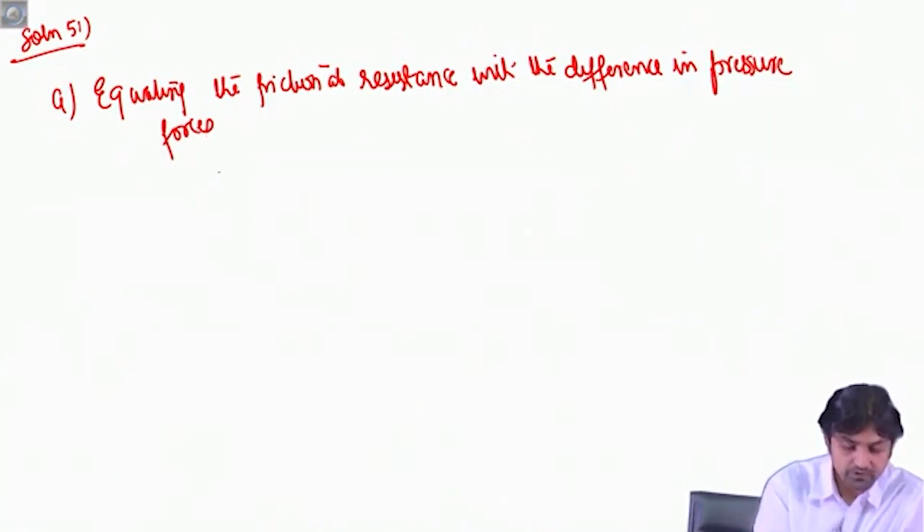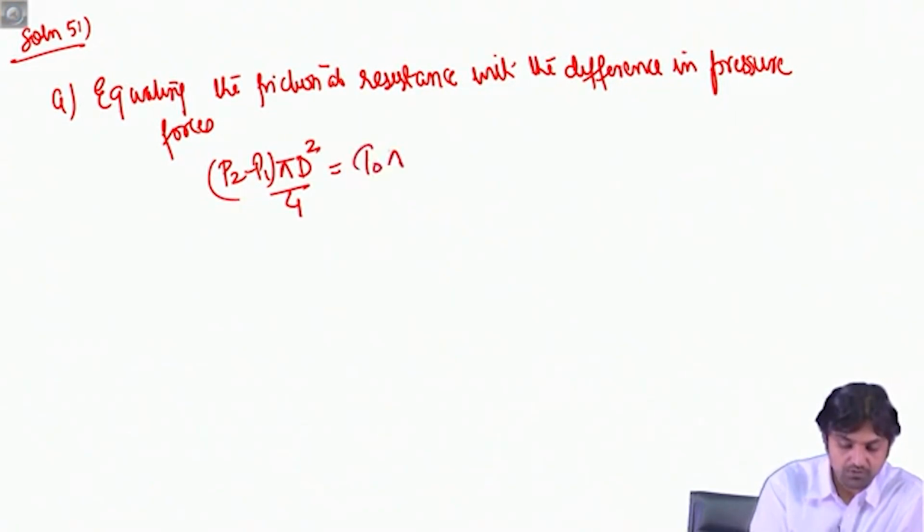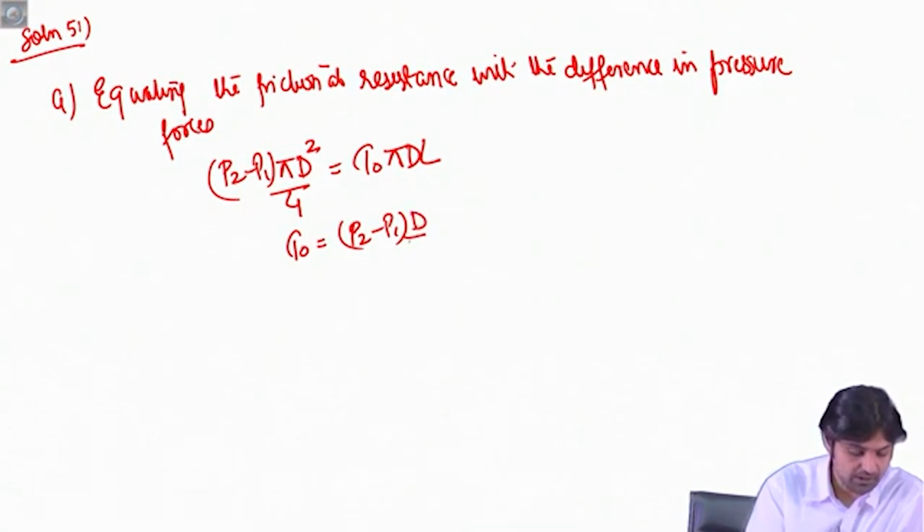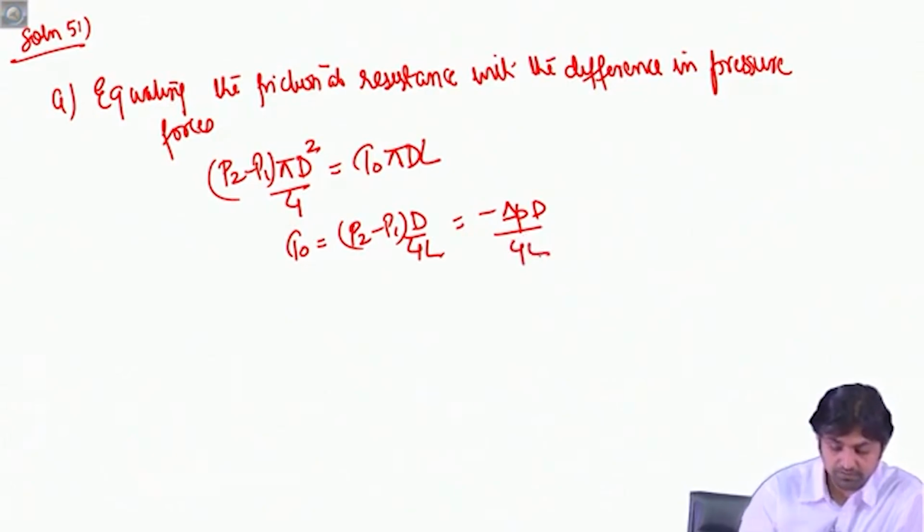Okay. So instead of delta P, we write P2 minus P1 into pi d to the power 2 by 4 is equal to tau naught into pi d L, correct? So tau naught using this can be written as P2 minus P1 into d by 4L, or minus delta P d by 4L, because delta P is P1 minus P2.